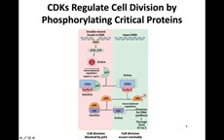Now, when CDK2 cyclin E is inhibited, the retinoblastoma protein, PRB, is no longer phosphorylated, and it can interact with E2F and inactivate the transcription factor E2F so that it can no longer initiate transcriptional regulation for the synthesis of enzymes that are essential for DNA synthesis.